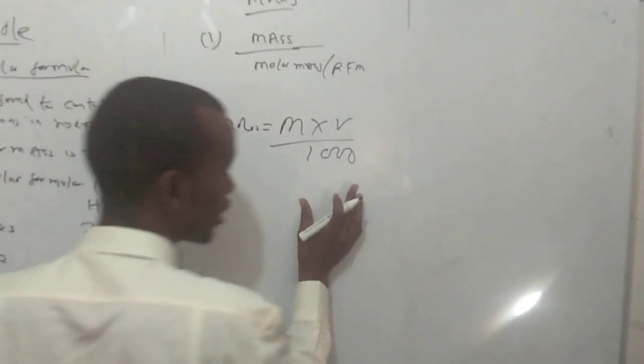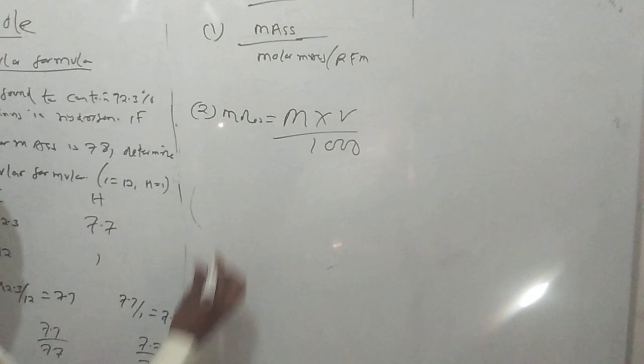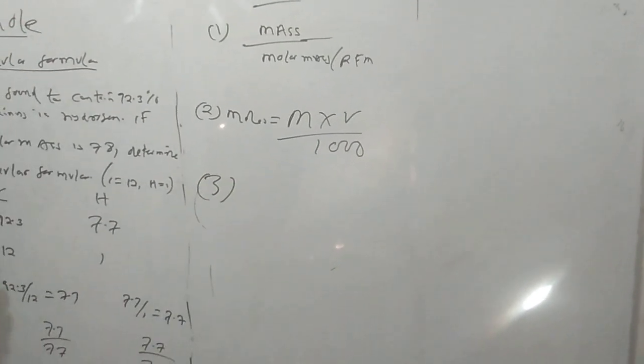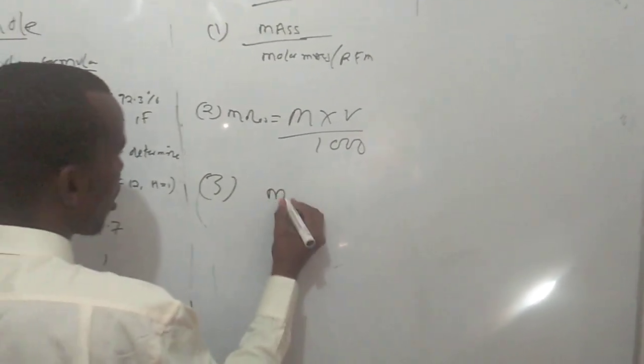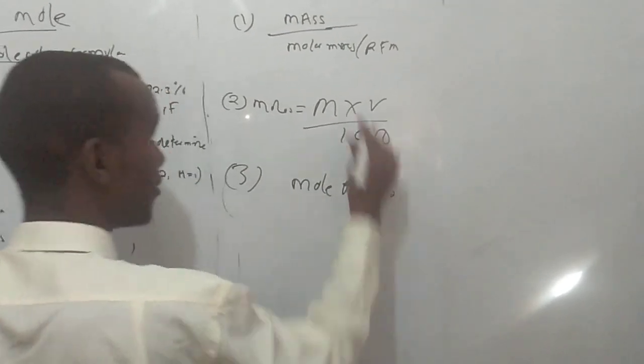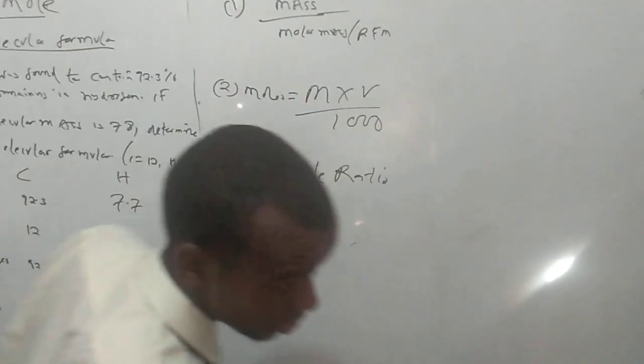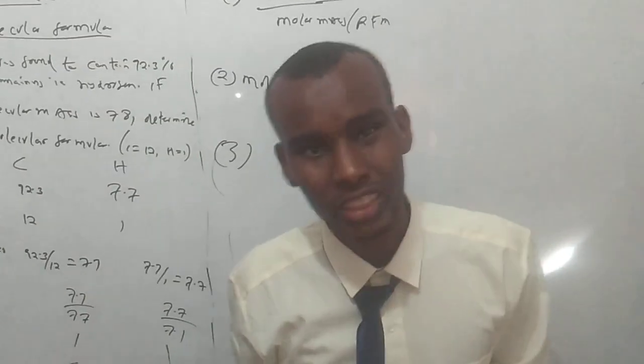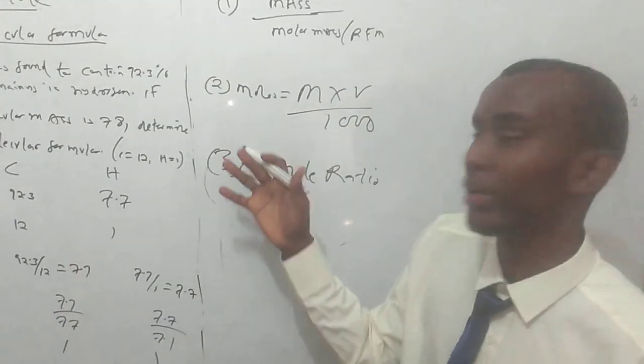This is the second way of getting moles. The last way of getting moles is through the mole ratio. So you have to know all these 3, because next time we're going to write an equation and see how we calculate. So you look which one is effective.